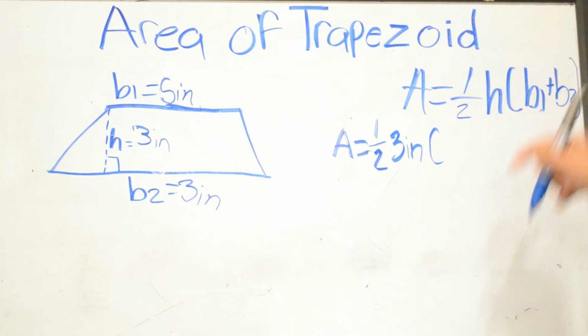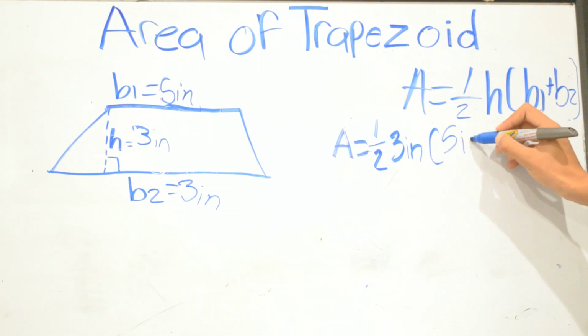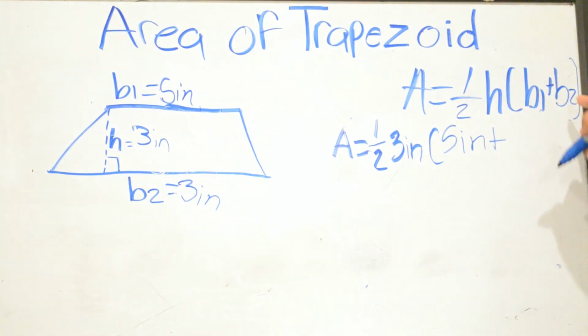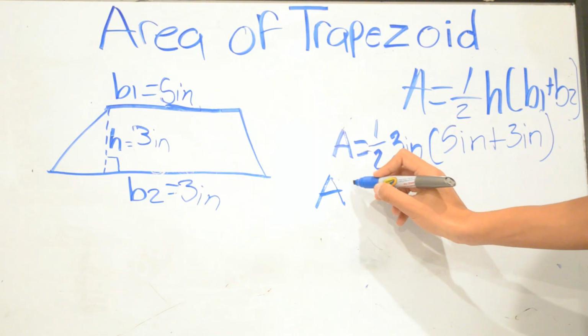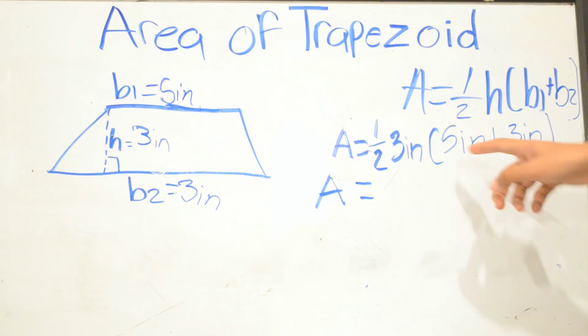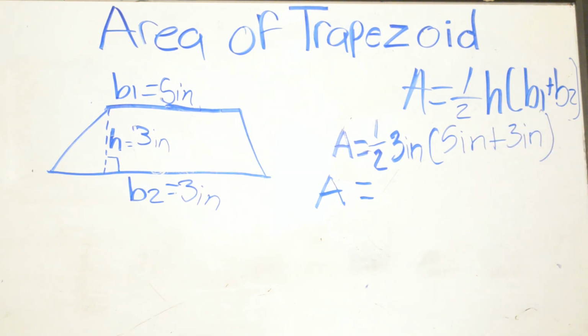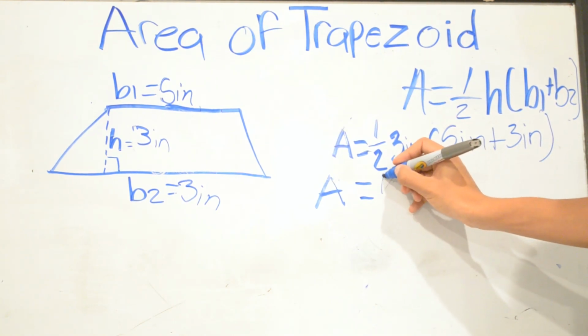Our base 1 is 5 inches plus our base 2, which is 3 inches. So now base 1 plus base 2, which is 5 inches and 3 inches, is 8 inches.